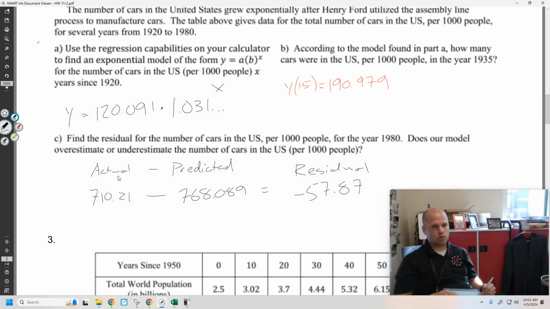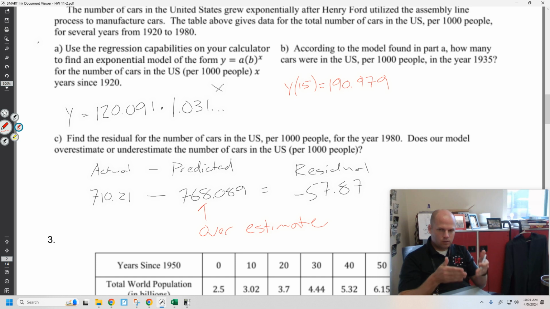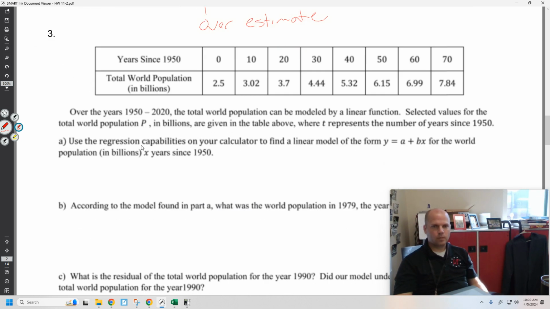Predicted bigger than actual, negative residual. Negative residual means we have an overestimate for this location. My model overestimates my actual. Negative residual, predicted is bigger than actual.